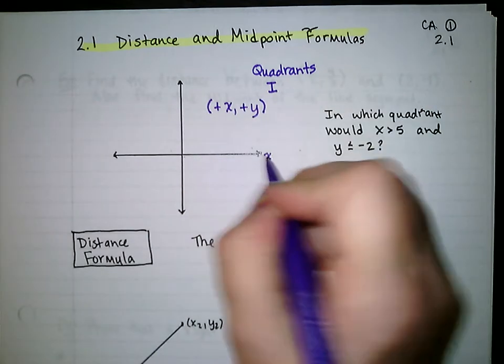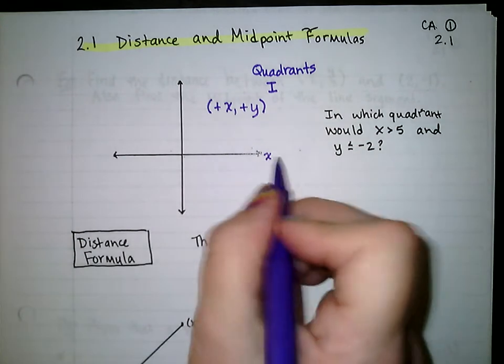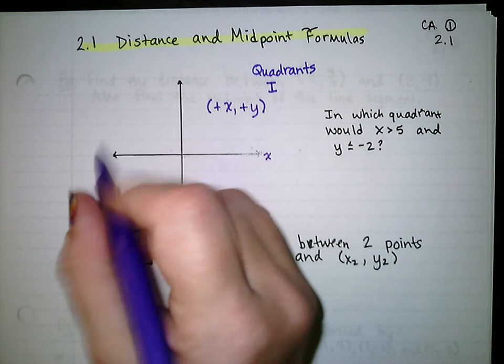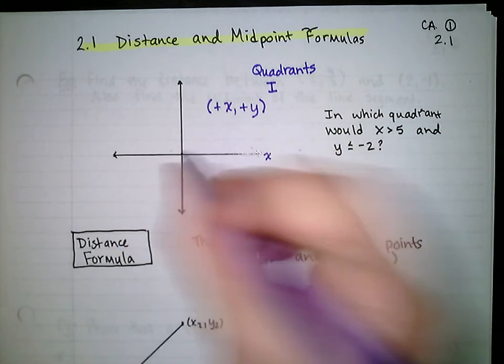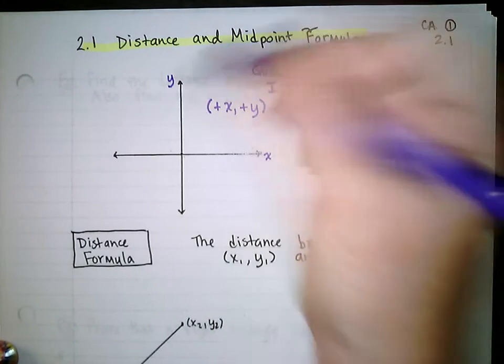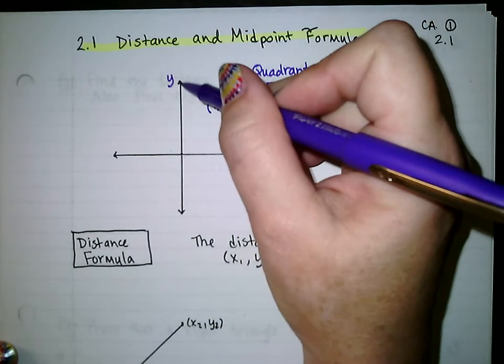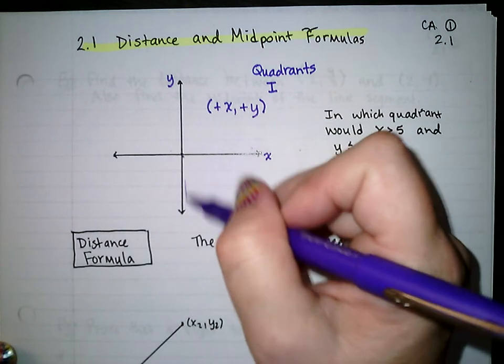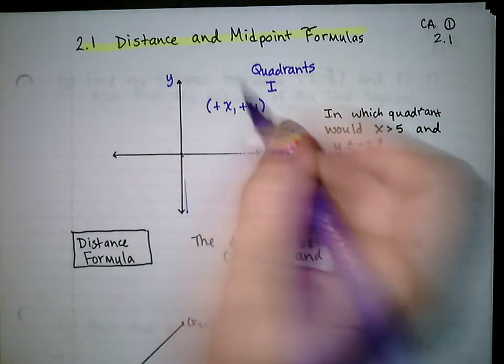Of course, this is your x-axis, and the positive numbers are on the right end and the negative numbers are on the left end, seeing as how that middle is 0, 0. Our y-axis is here, positive y coordinates above the axis, negative y coordinates below. So that's quadrant 1.